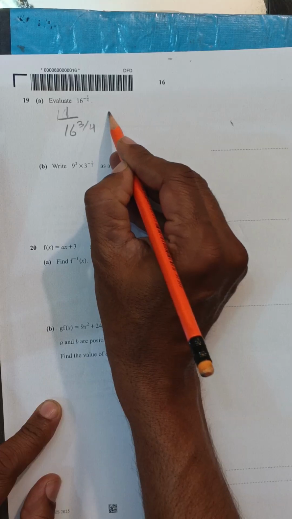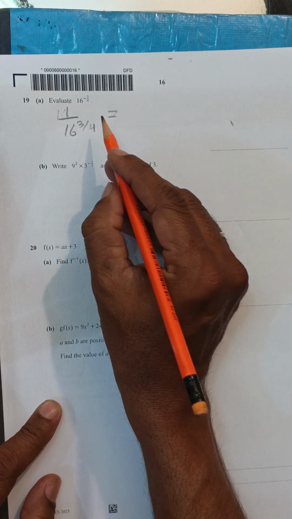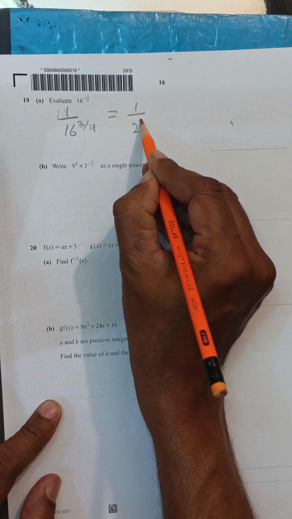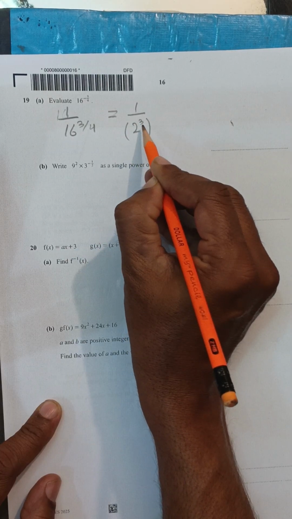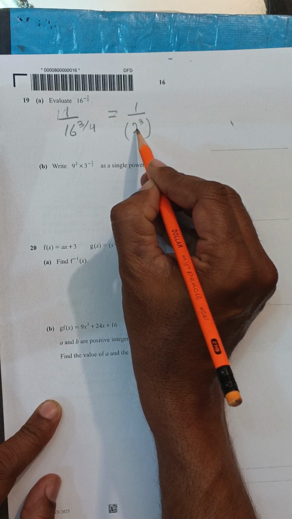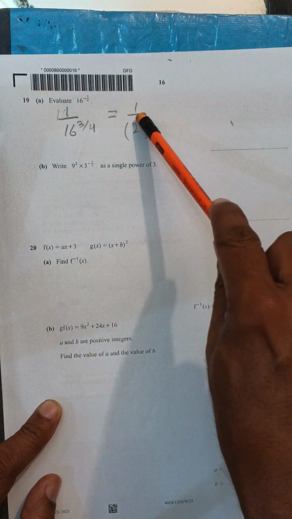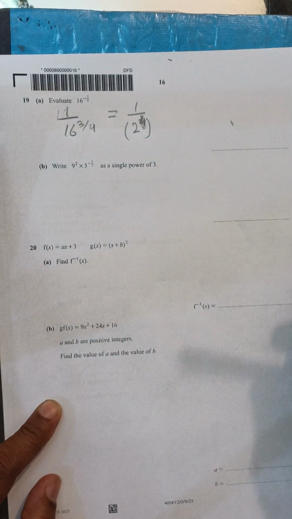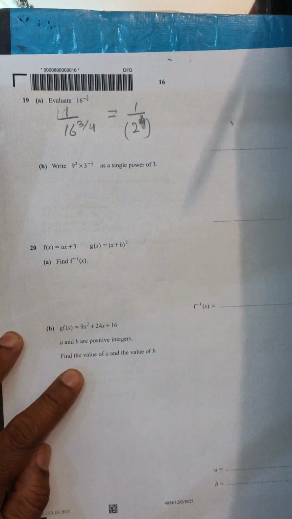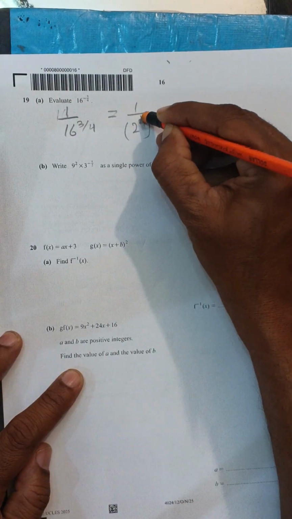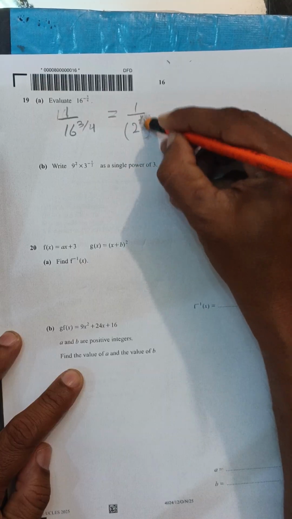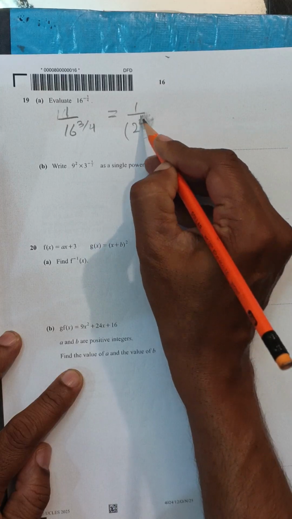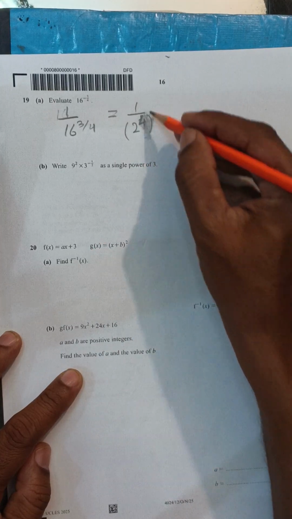Okay, so now I can break it. 16, this one I can write as 2 power 4. 2 2s are 4, 4 2s are 8, sorry, 2 power 4 becomes 16.